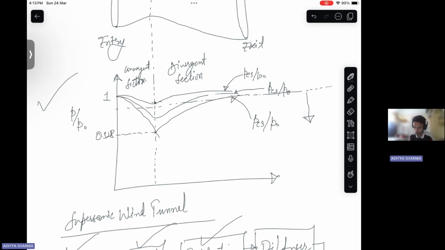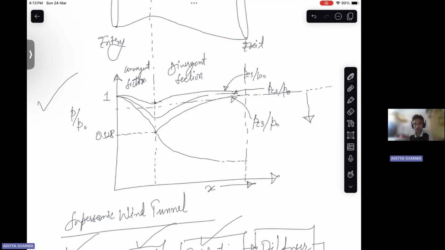So below this is something like this, right? This is our exit, right? This is our position in the nozzle, right?